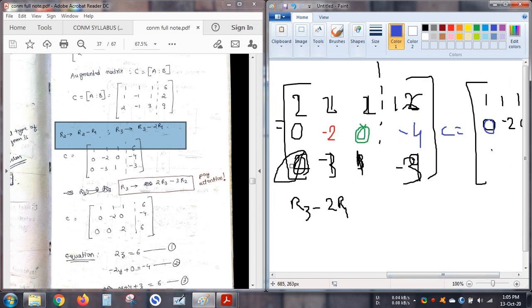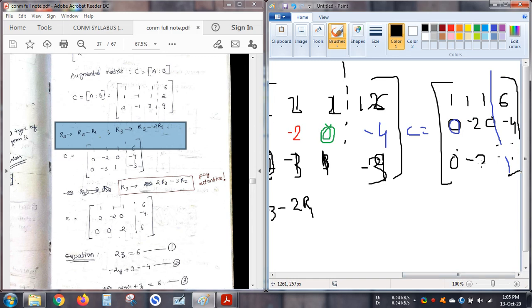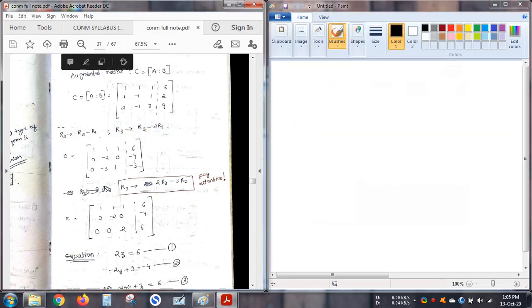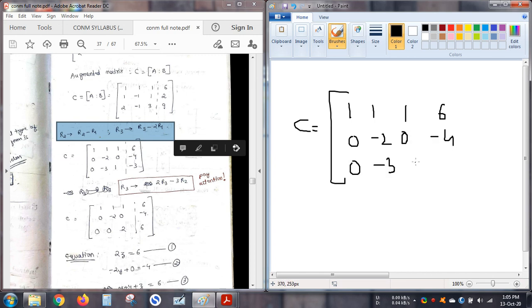I made it this, ये हो जाएगा 0 minus 3 1 and minus 3. Let us write fresh. So after performing these two operations, I get the augmented matrix as this: 1 1 1 6, 0 minus 2 0 minus 4, 0 minus 3 1 minus 3. This is my augmented matrix.